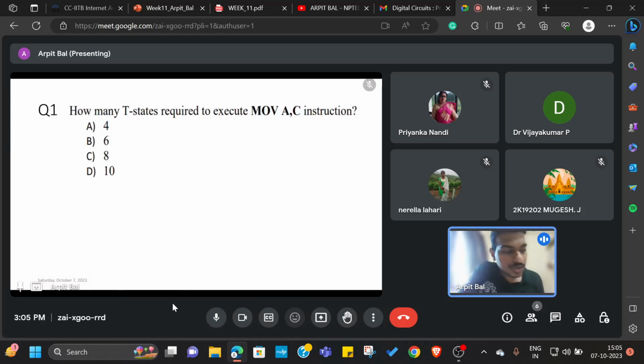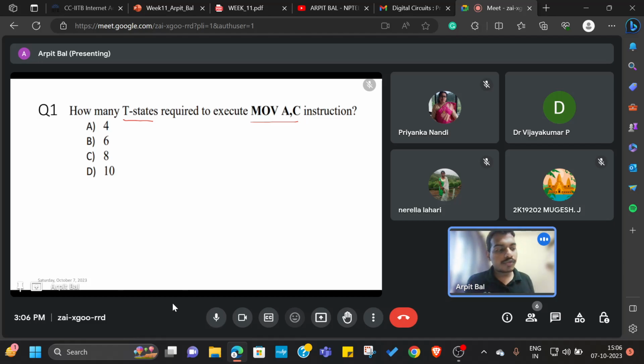So the first question is related to T states that are required to execute the instruction MOV A, C. T states refer to the number of clock pulses of a microprocessor. For any instruction being executed, we do not directly say that it is going to take, let's say, 1 microsecond.